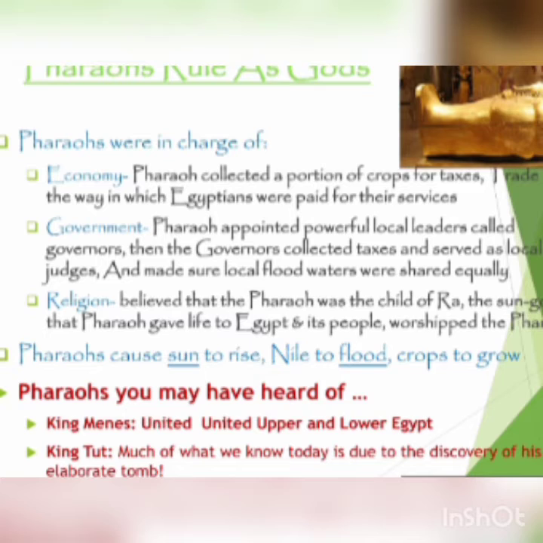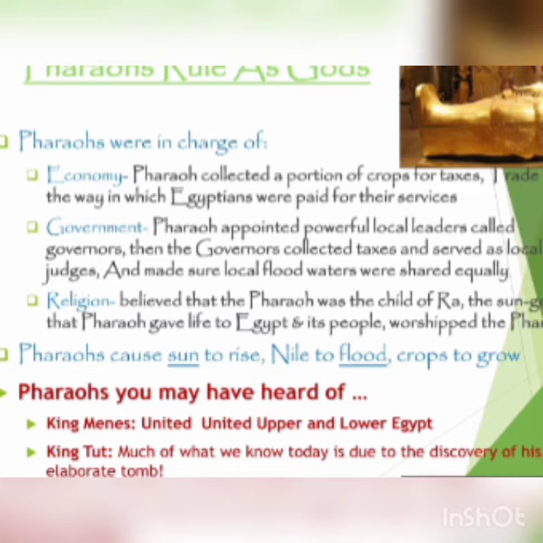And you have heard of King Menes, isn't it? He was the main king who united Upper Egypt as well as Lower Egypt. And King Tutankhamun was the most famous king among the pharaohs.